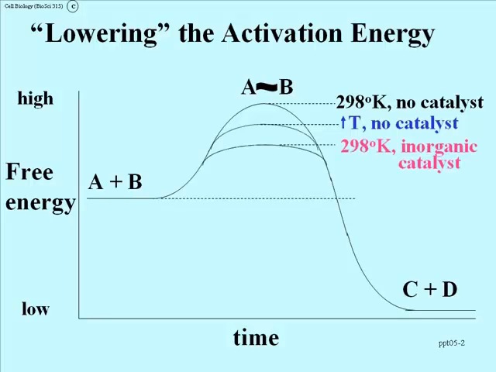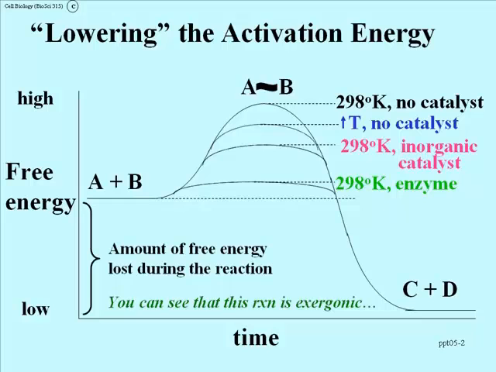We can throw in an inorganic catalyst in a test tube for a chemical reaction that might occur in a cell. So we could conduct that reaction at standard temperatures at 298 degrees Kelvin in the presence of an inorganic catalyst, and that would even more efficiently lower the energy barrier to the progress of the reaction. But the most efficient thing to do is to use the cell's natural enzyme to convert A and B to C and D. That is the most efficient way to lower the entropic barrier to this reaction.